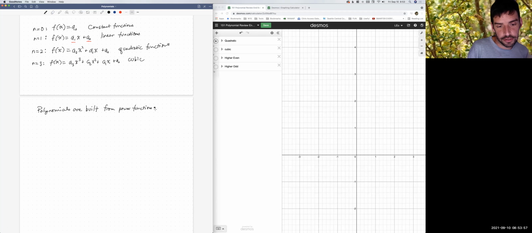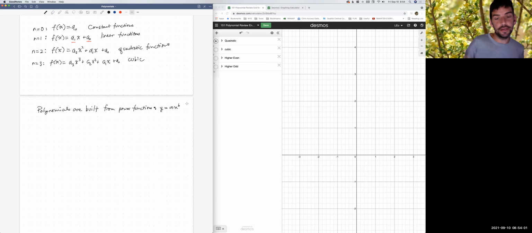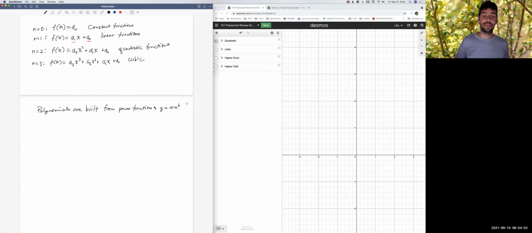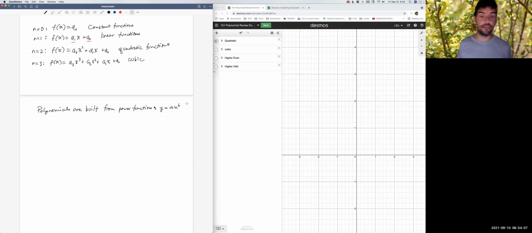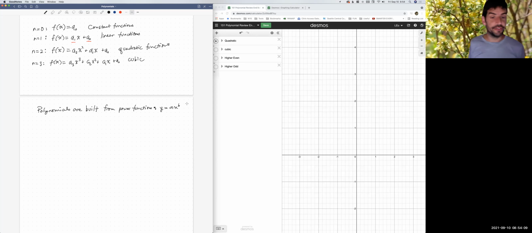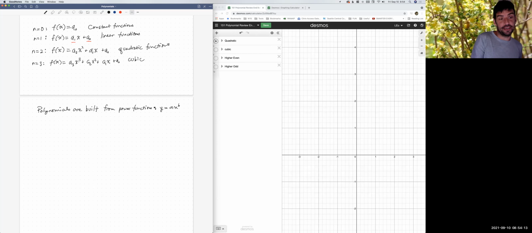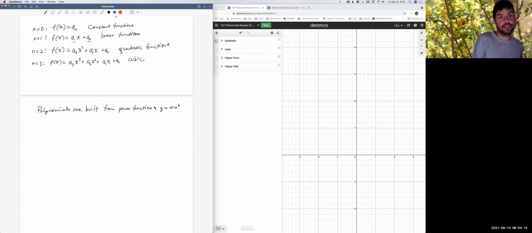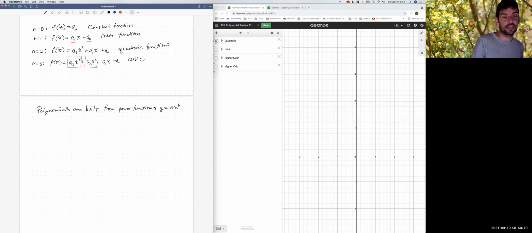These are just things of this form, a x to the b, a constant times x to a power that's an integer. Here b is a non-negative integer. These are power functions. Each little piece of our polynomial is a power function: a constant times x cubed, a constant times x squared, a constant times x.